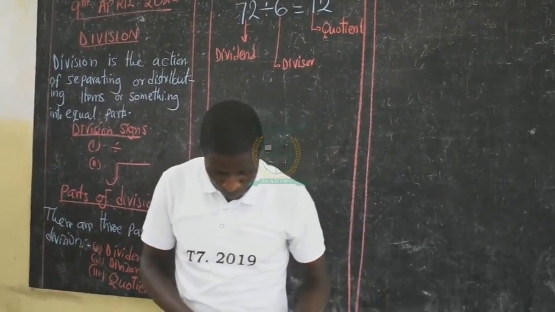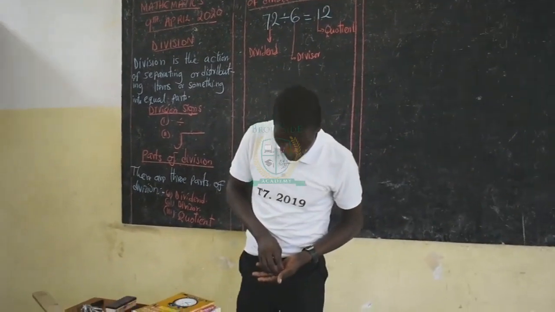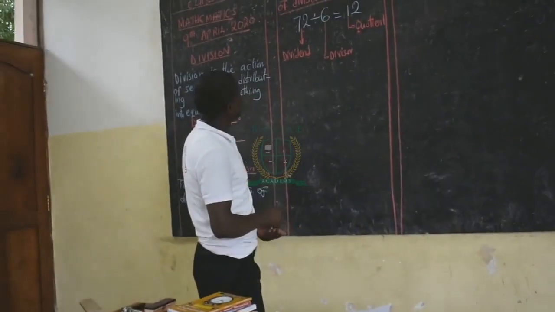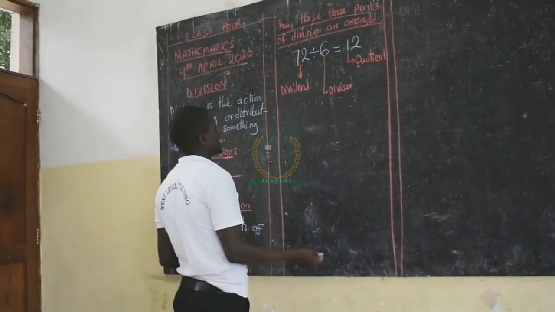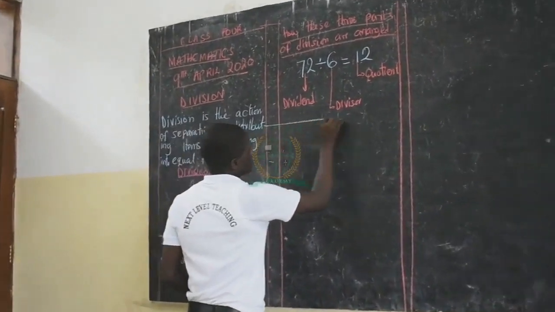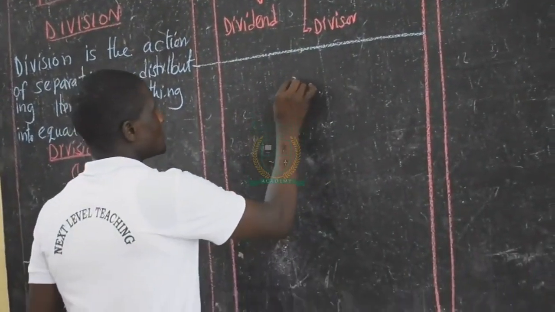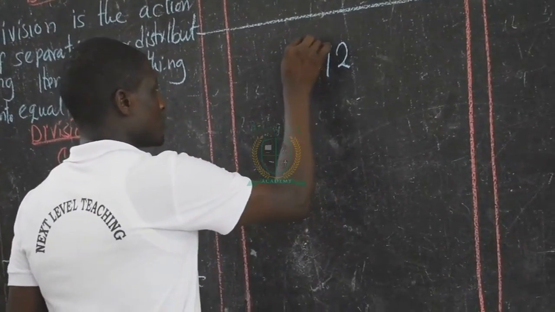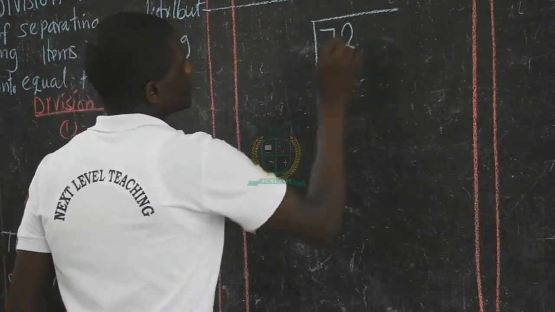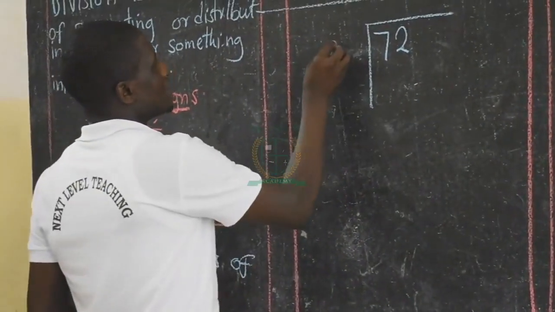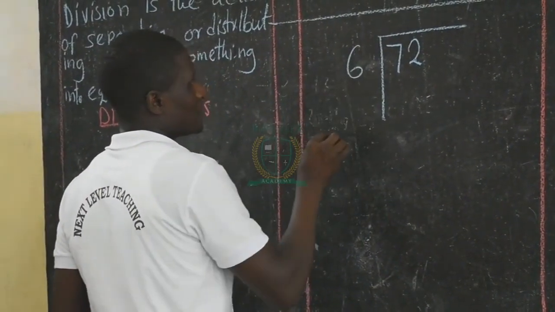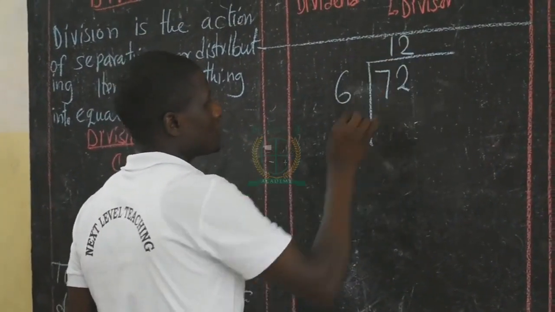how they work. Now, let's see the arrangement in long form. For example, we get 72. 72 divided by 6 is equal to 12.